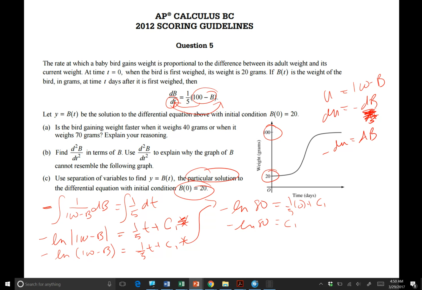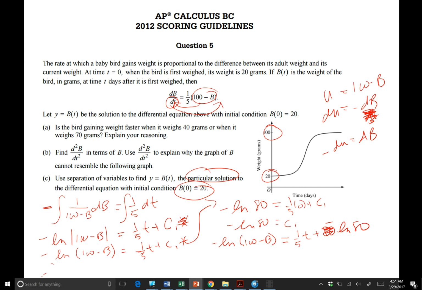This equation here without the... So I'd have a negative natural log of 100 minus b equals 1/5 t plus, oh, plus, I'm sorry, plus the negative natural log of 80.